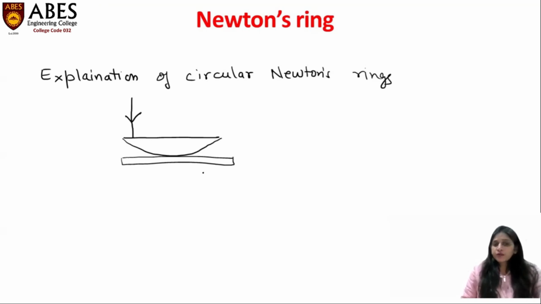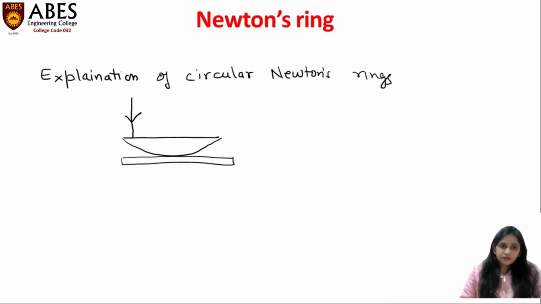Both are optical instruments, and both are transparent materials, so rays can come from the plano-convex lens upper surface, lower surface, and the glass plate upper surface, lower surface. But which rays are we talking about to study the formation of Newton's ring? That we have to discuss.